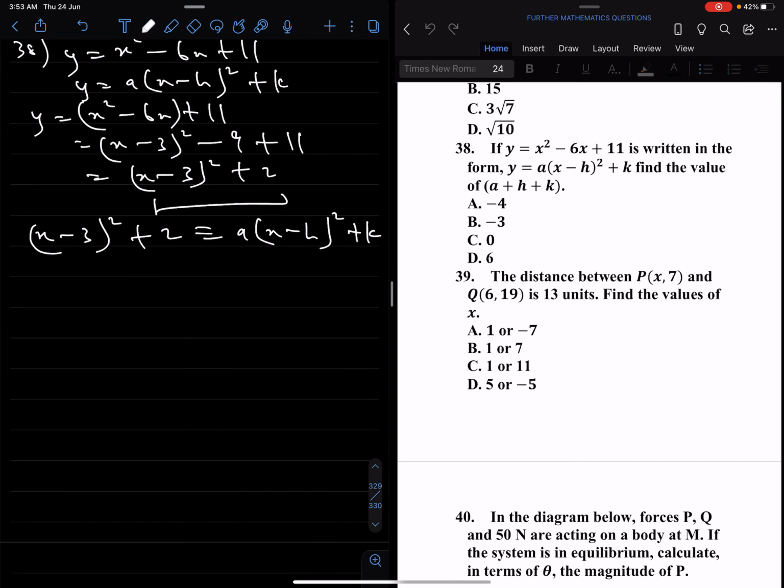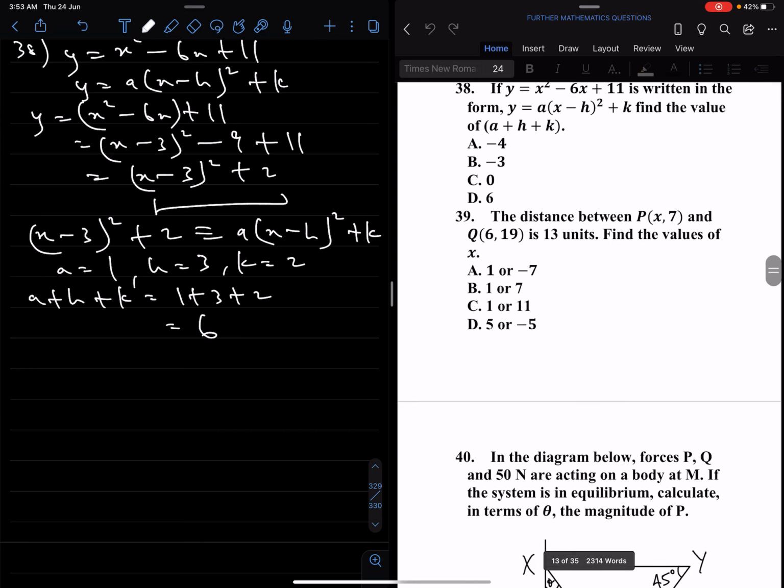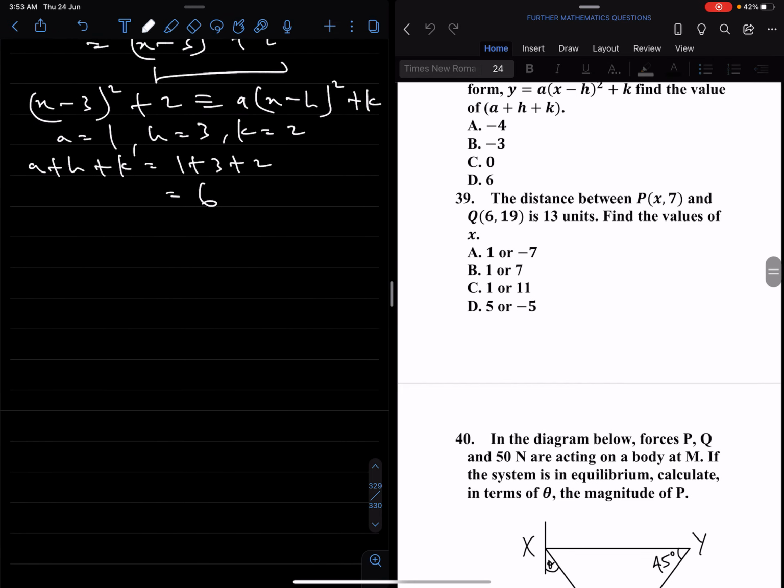Now here, a equals 1, x minus h is the same as x minus 3, and that means h equals 3, while k is a constant, which is 2. So therefore, a plus h plus k is equal to 1 plus 3 plus 2, which is 6. And that's 6.